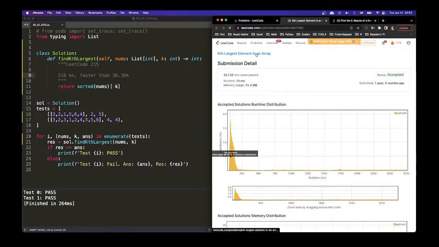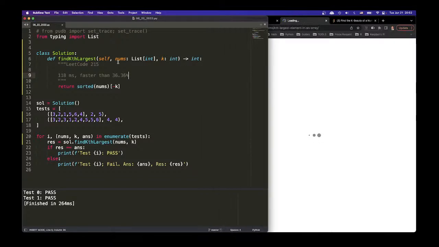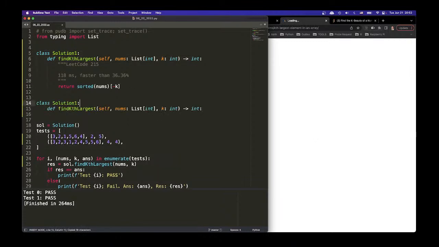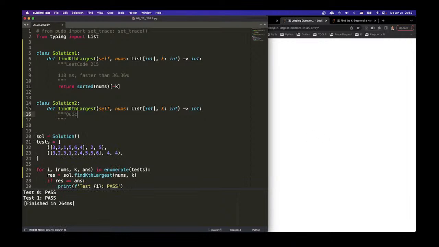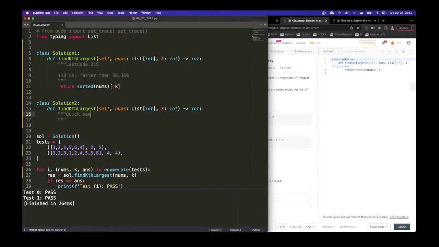So that's why this problem exists. Quick select with a random pivot.